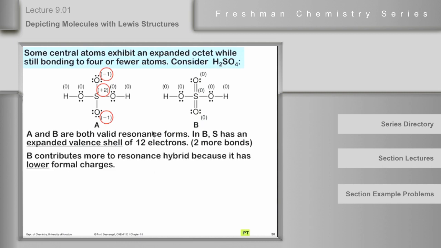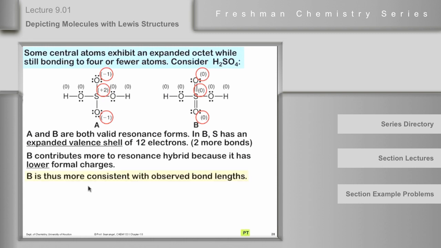Well, if B contributes more to the hybrid because it has lower formal charges, then that should mean that the hybrid is going to have some sulfur-oxygen bond distances which are shorter than others. Whereas over here in A, all the sulfur-oxygen bond distances look like they're the same. Right?